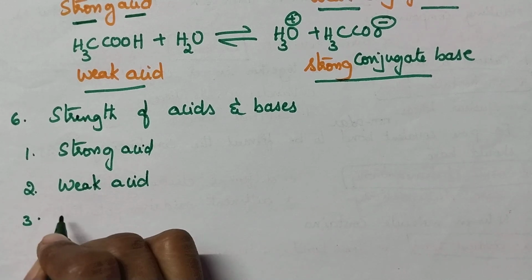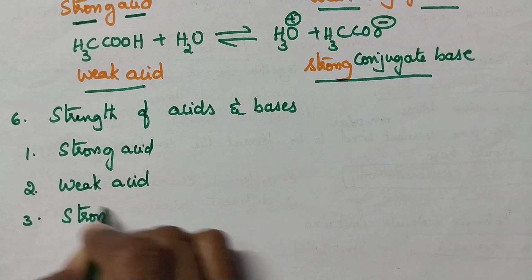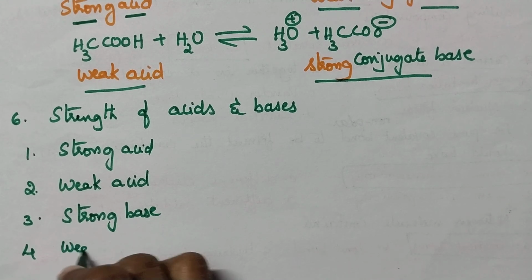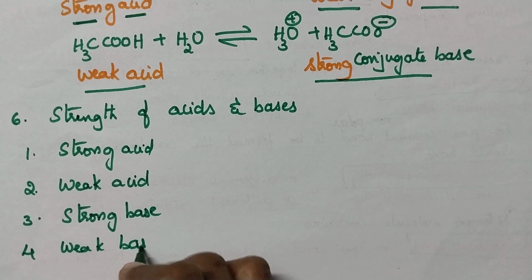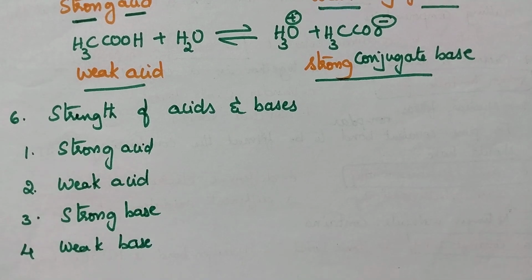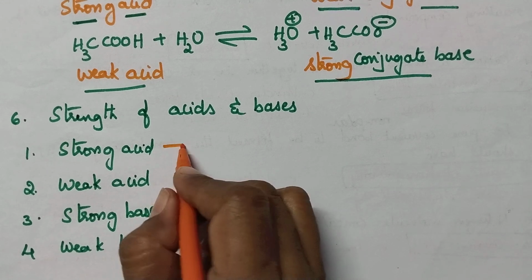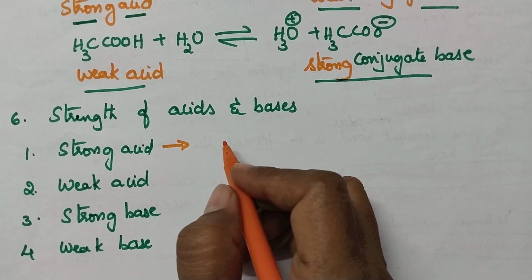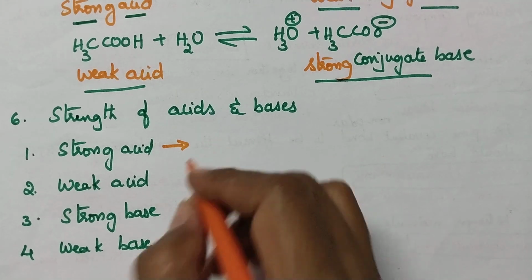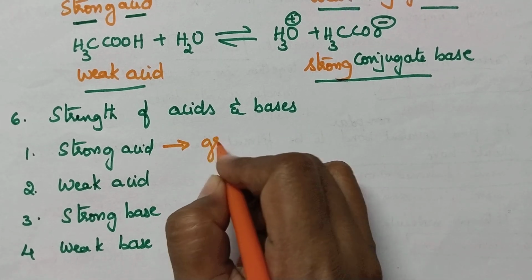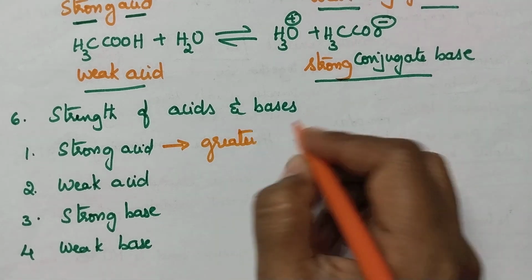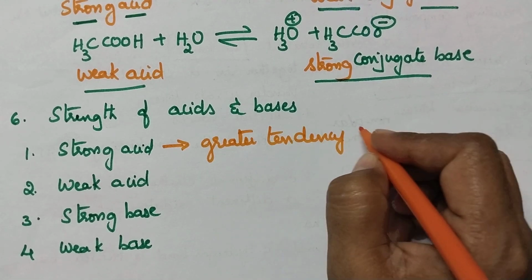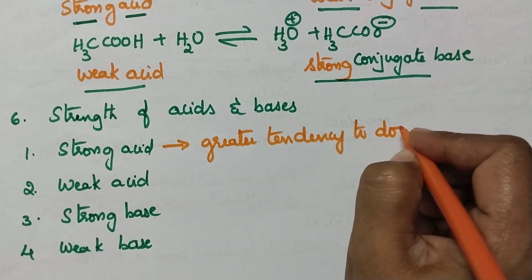And the bases can be classified into strong bases and weak bases. So strong acid means an acid which has a greater tendency to donate a proton. An acid which has a greater tendency to donate a proton is called a strong acid.